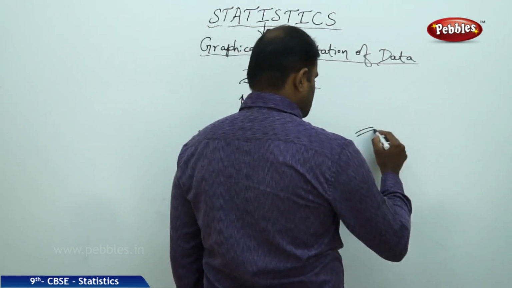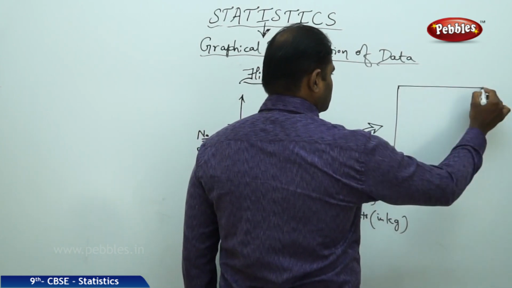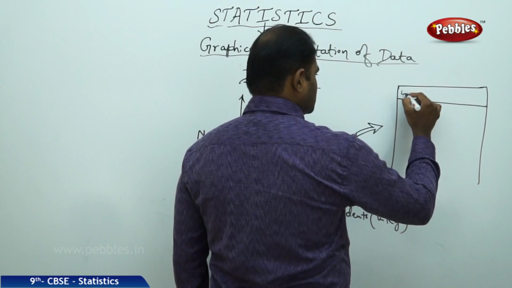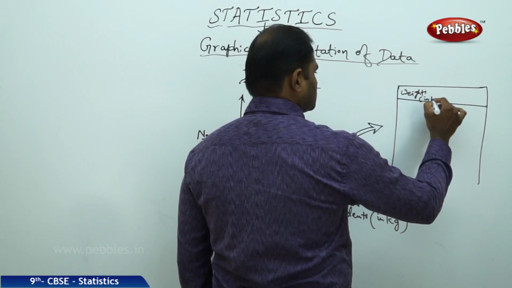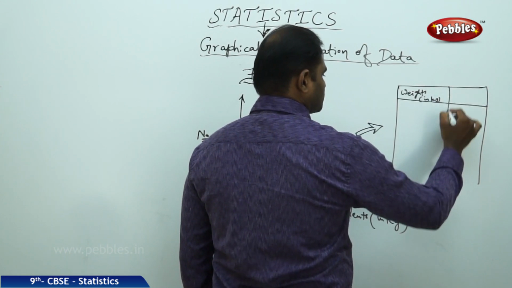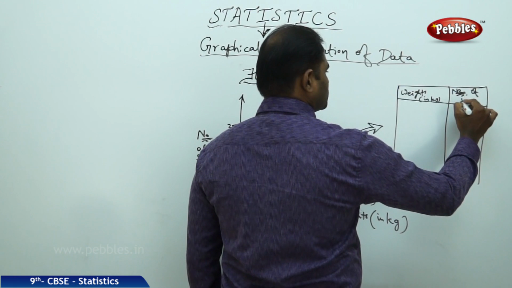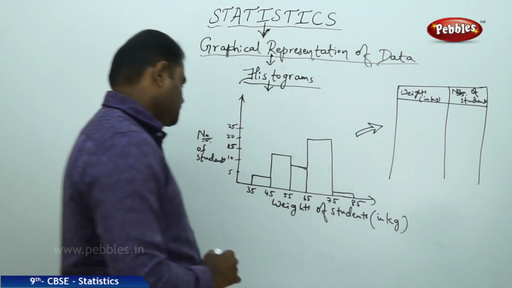So when I take this into the tabular form, I clearly see weights in kilograms and number of students falling in that range.